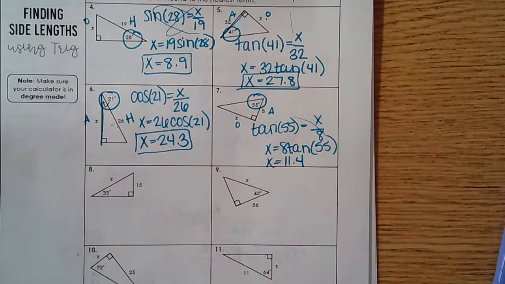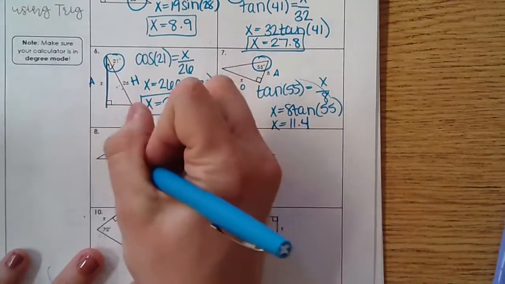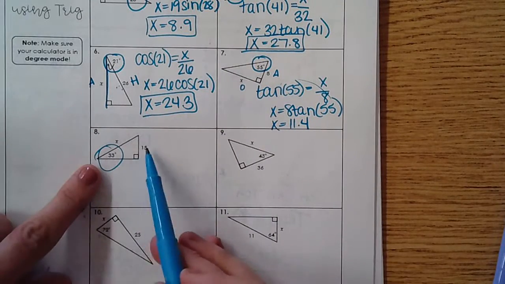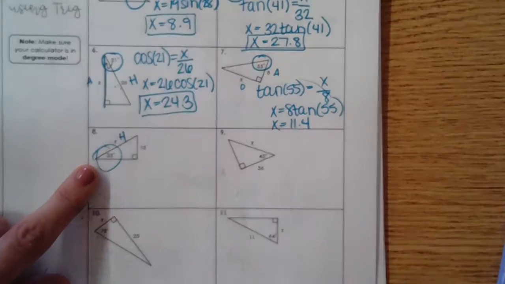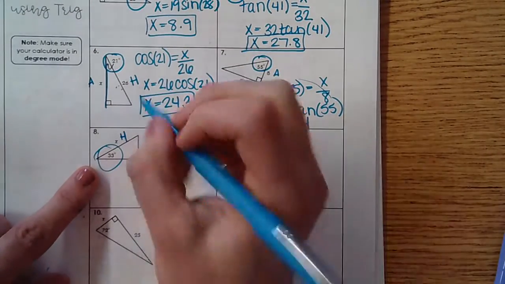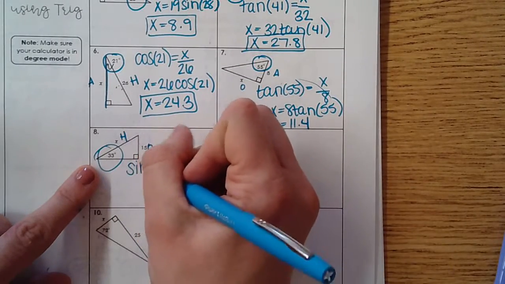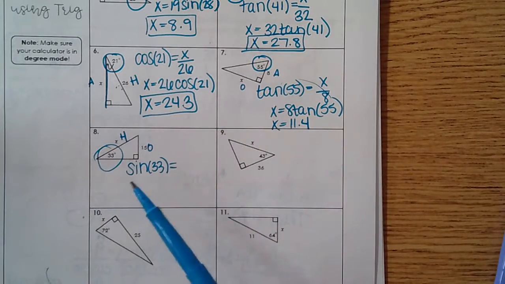All right, I'm going to search on this paper to try and find one that is a little more difficult. Okay, perfect. The next one does it for us. We start here. We circle the angle that we're working with. Label what we have. I'm trying to find x. X is the hypotenuse. 15 is the opposite. That tells me sine of 33 equals. Now, why is this one harder?